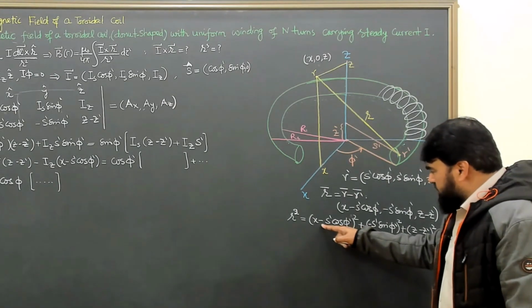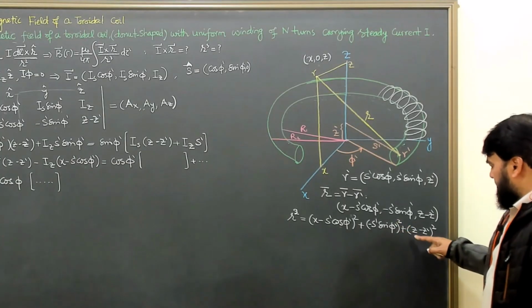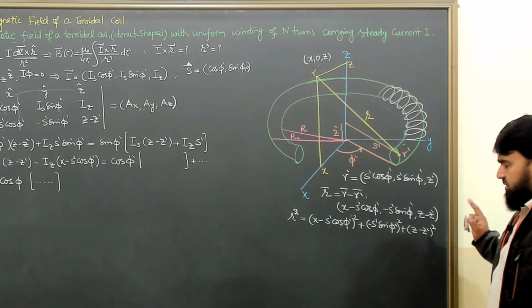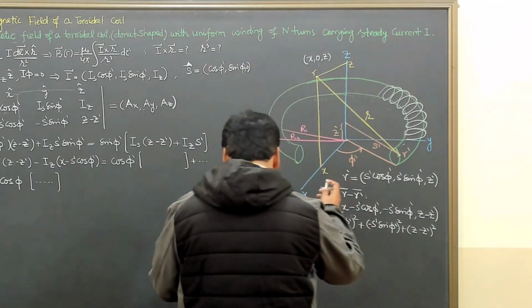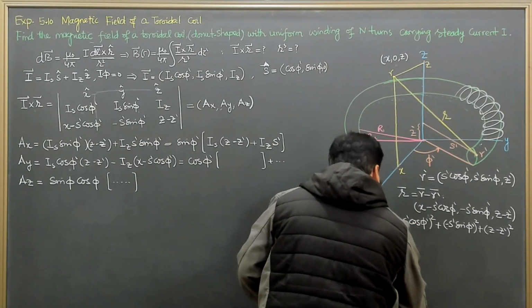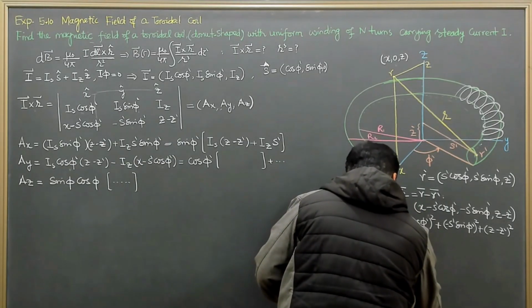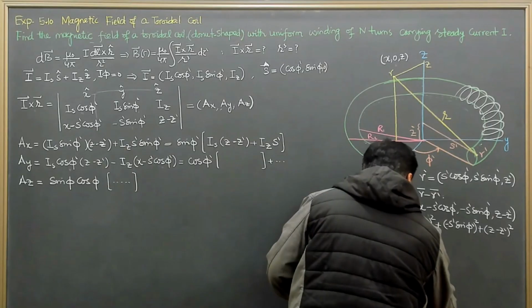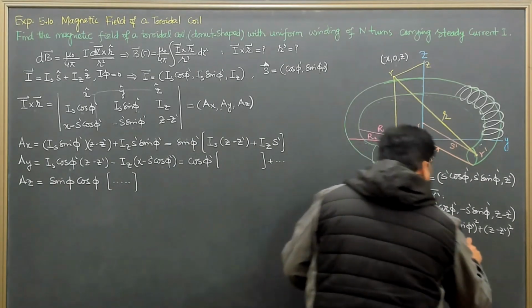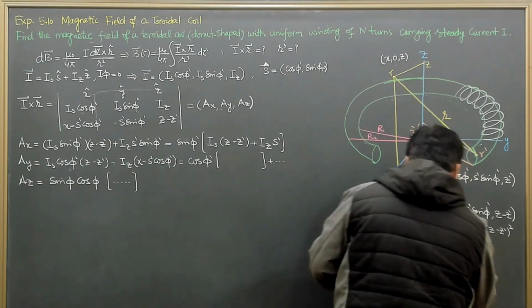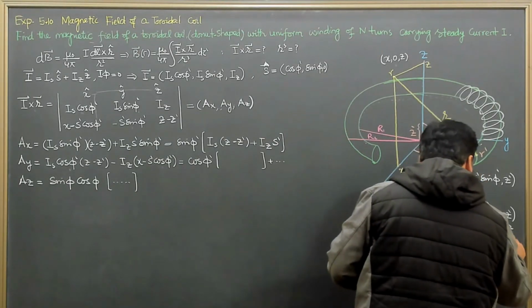Then minus 2xs prime cos phi prime will be here, and from here we will have z minus z prime whole square. So I can write that this thing is equal to x squared plus s prime square plus z minus z prime square and minus 2x s prime cos of phi prime.